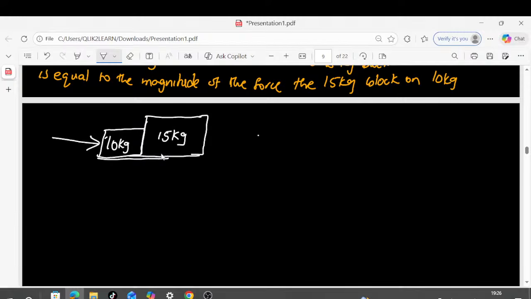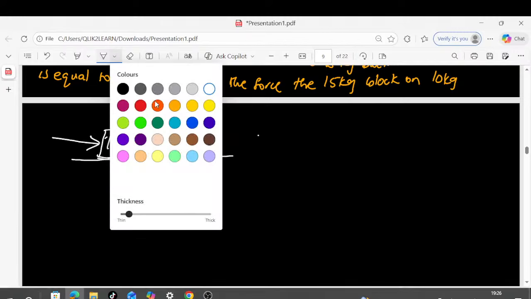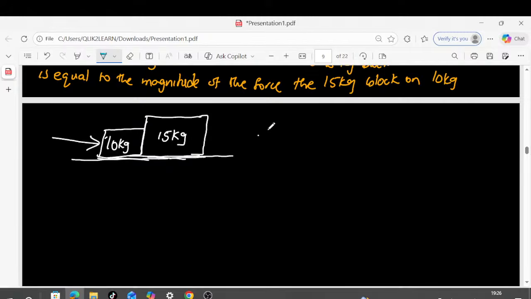Okay, now look at these two. I need you to first draw a free body diagram. You see these two are in contact. Let's start with the 10 kg block and draw a free body diagram on that 10 kg block.